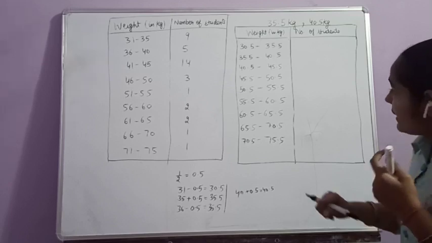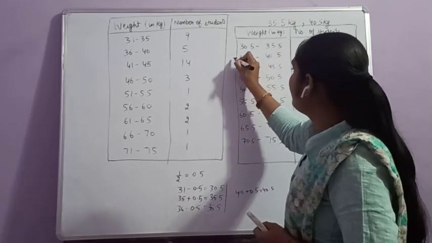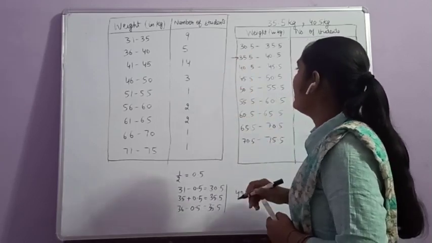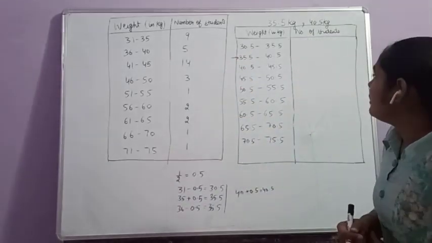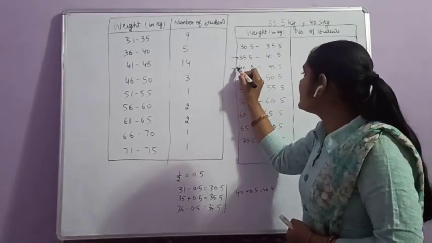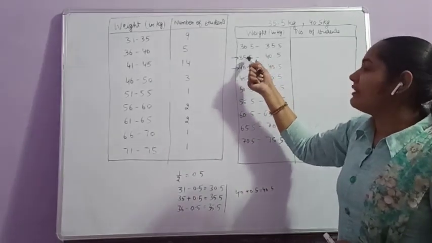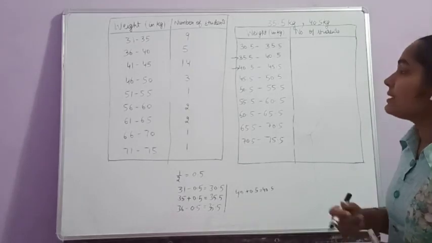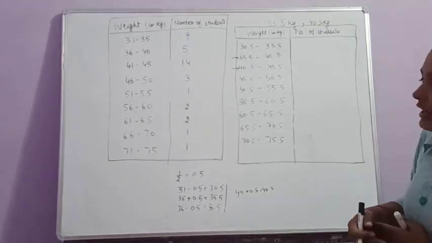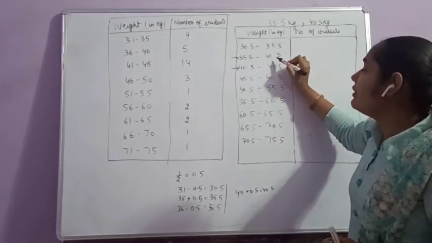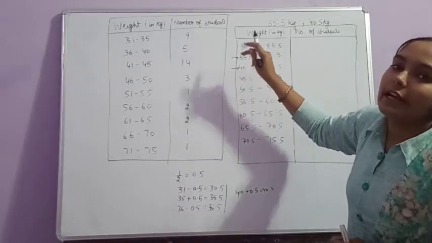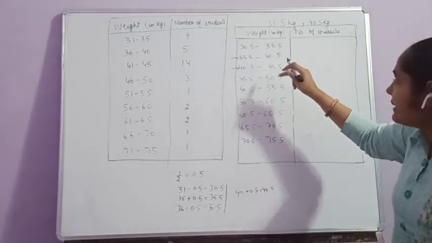Now we calculate 35.5 weight in this class interval and 40.5 in the next class interval. Clear? Because its lower limit is 35.5. It means it started from 35.5 and 40.5 is not included in this class interval. Clear?